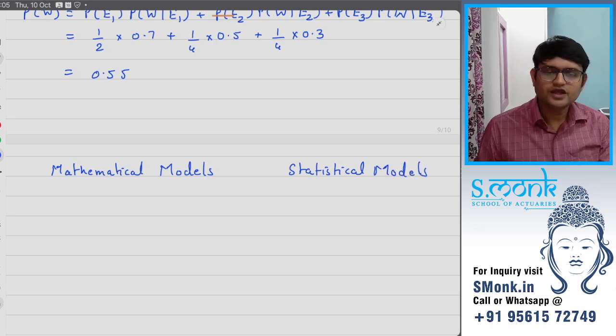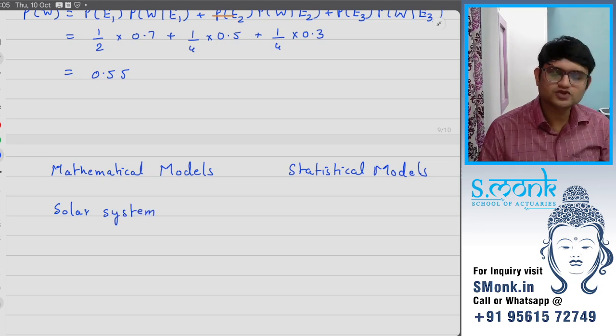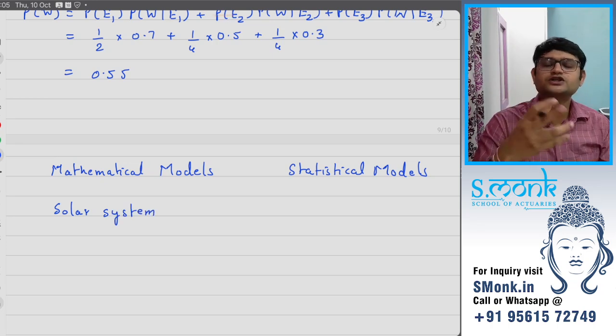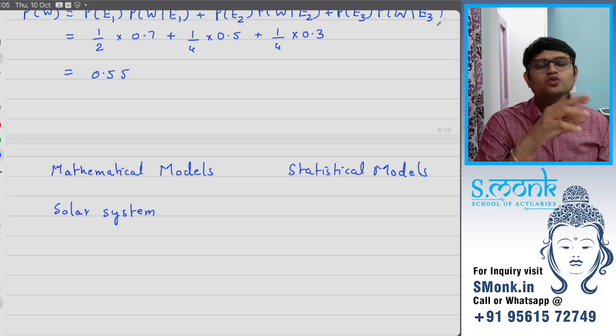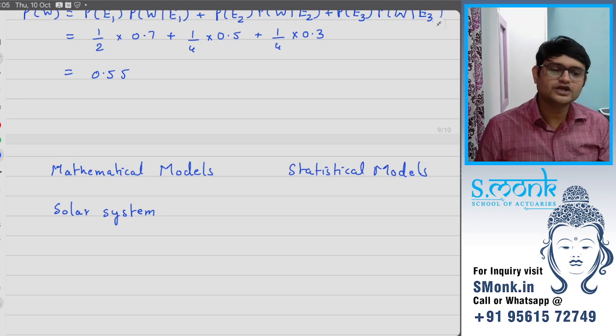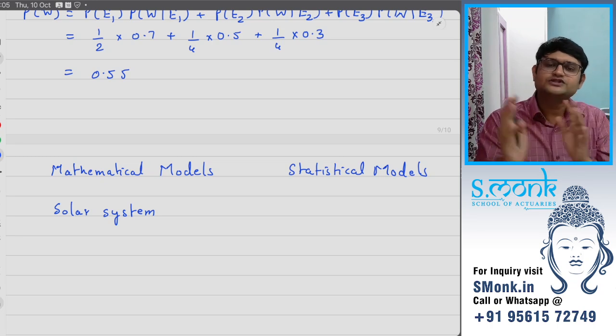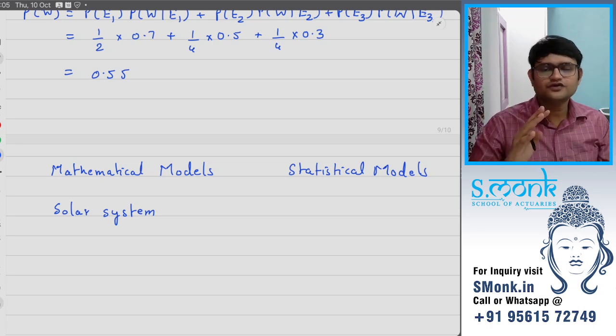In mathematical models, you will have something like the solar system. How the earth revolves around the sun, how the moon is revolving around the earth, how the earth is rotating, all of these will come into a mathematical model because they are going to do the same thing for many thousands of years.